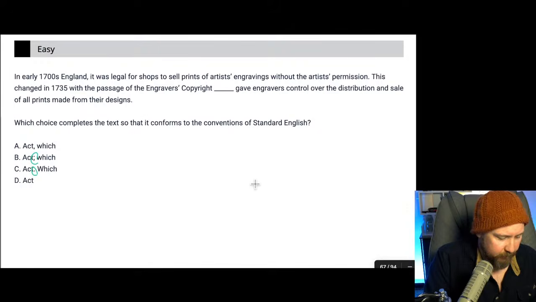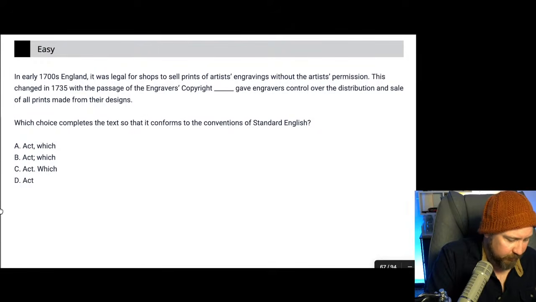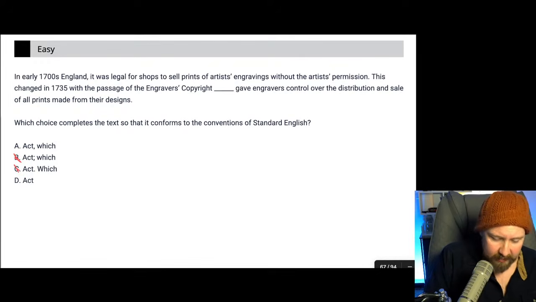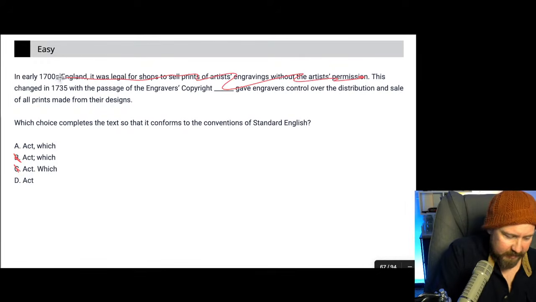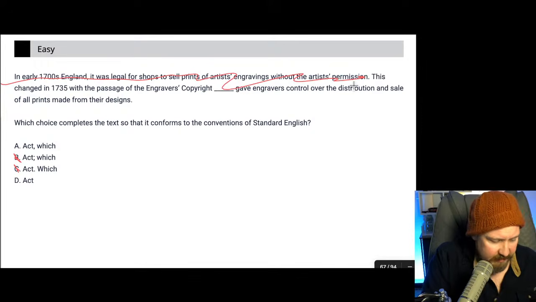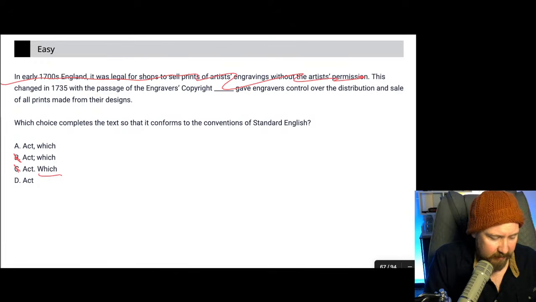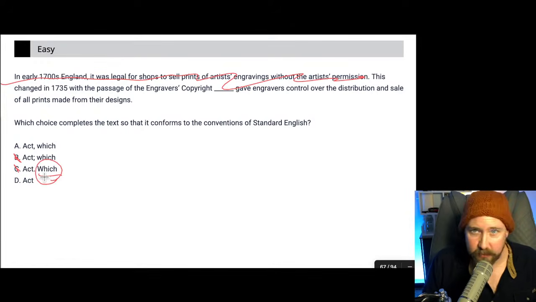But just to go through the process, we would want to see if there's two full sentences, right? So on the left side, another cool thing, don't read anything except for the sentence with the blank space. This changed in 1735 with the passage of the Engravers Copyright Act. That is a full sentence. But on the right side, which gave engravers control over the distribution and sale of all prints made of their designs, that word which is ruining the right side.